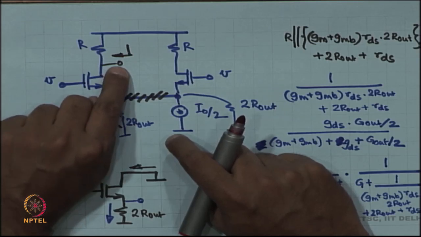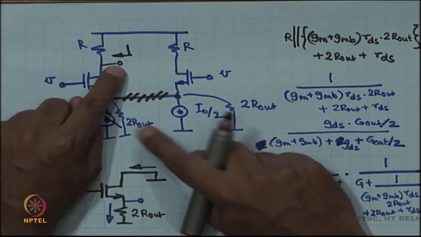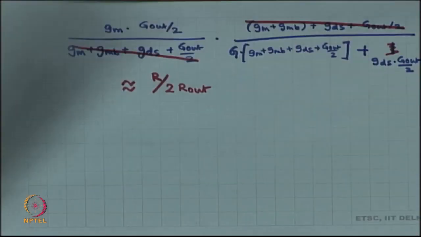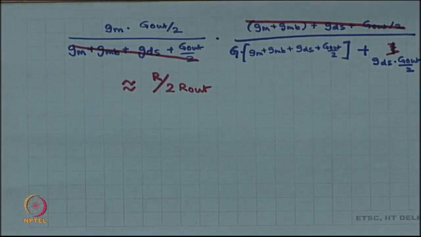So, the voltage over here is minus V times R by 2 R out, alright, and you have to adjust for the sign. In all of this you have to adjust for the sign because you do not know which way you took the transconductance. Okay. So, do adjust for the sign and then you get the overall gain.